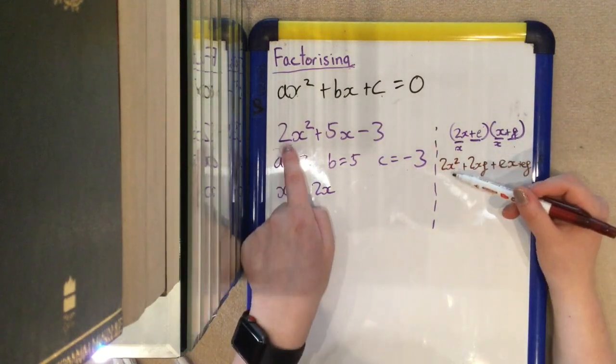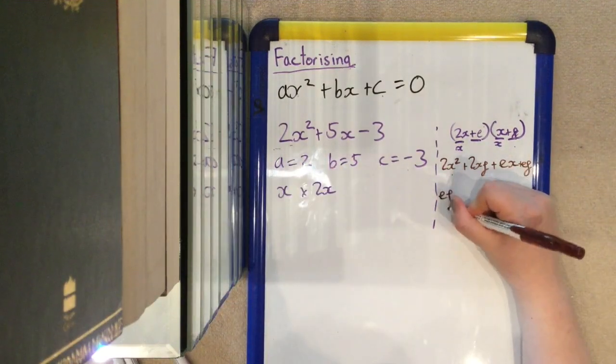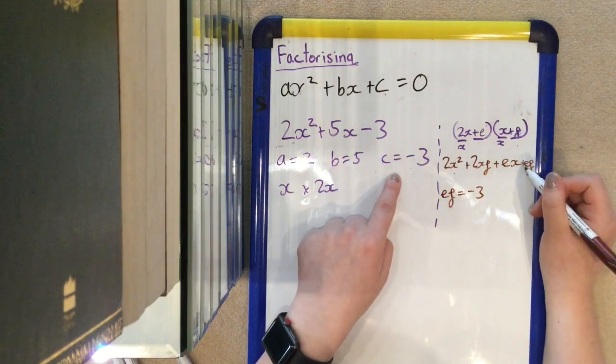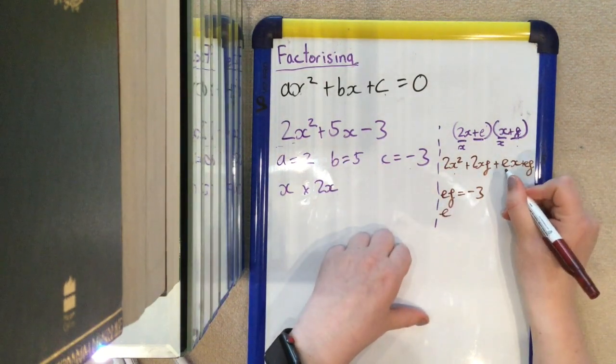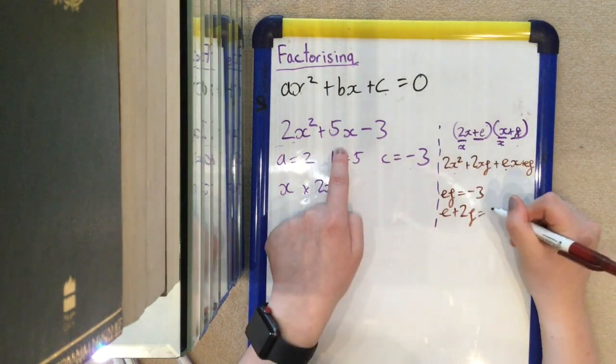Now there's a 2x that matches here, so that means I now know that e times f equals minus 3 from my c component, and e from here plus 2 multiples of f will equal my 5.